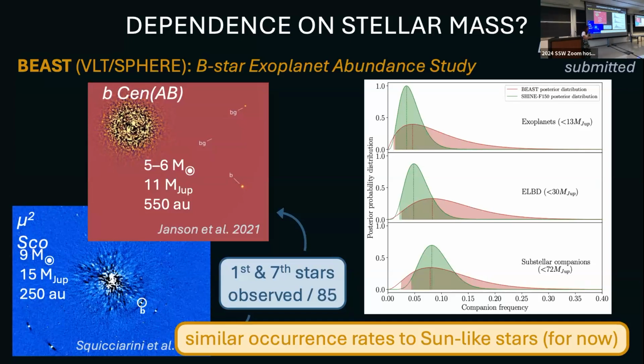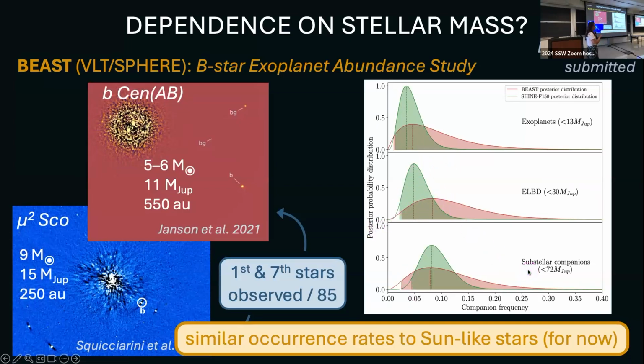So the plot here on the right is showing the preliminary statistical analysis from this survey. It's only for about half of the sample. It's not the full thing. And you can see that the occurrence rates that are constrained for the BEAST program, which are the red distribution, are really, really broad.